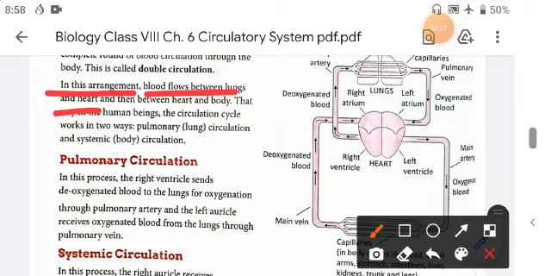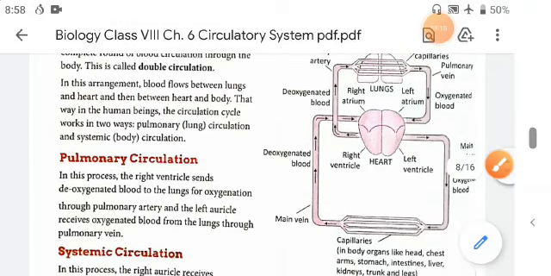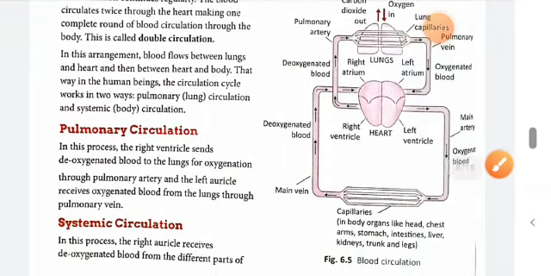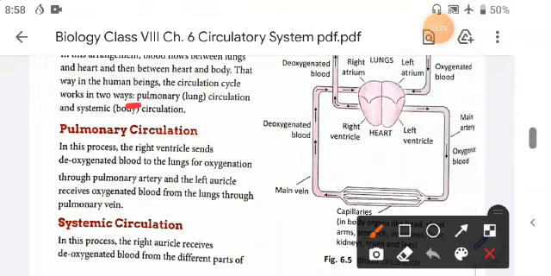In the human being, the circulation cycle works in two ways. First is pulmonary circulation and second is systemic circulation.